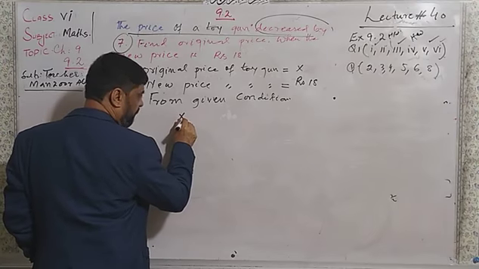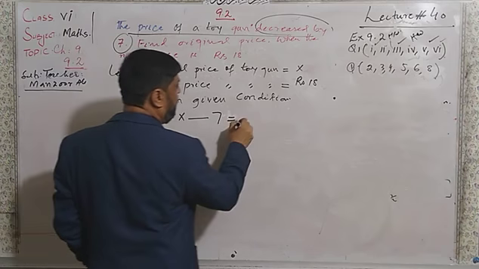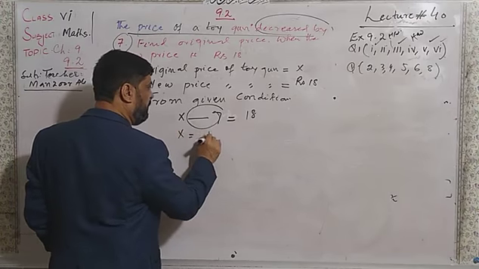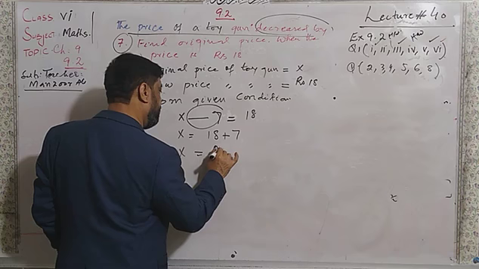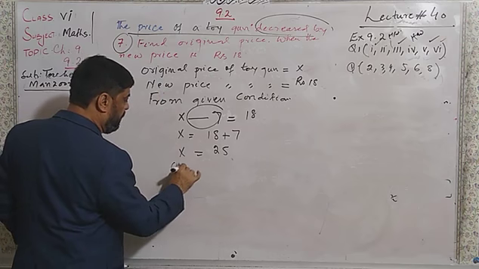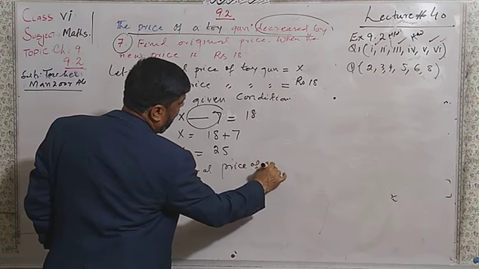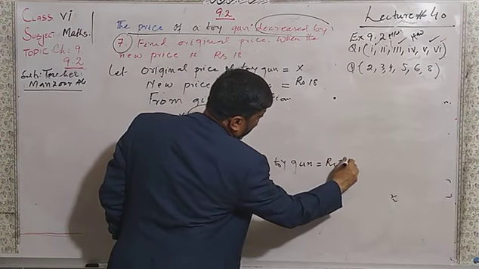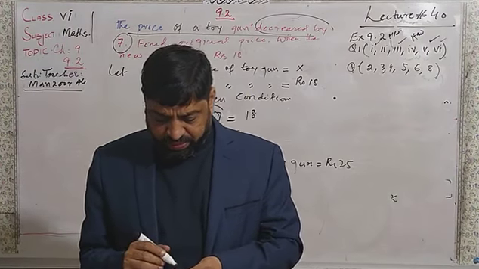So the original price minus 7 equal to the new price, 80. I will shift the minus 7 to the other side. It will become plus 7. And x will become 25. It means the original price of a toy gun is equal to rupees 25. This is the original price.